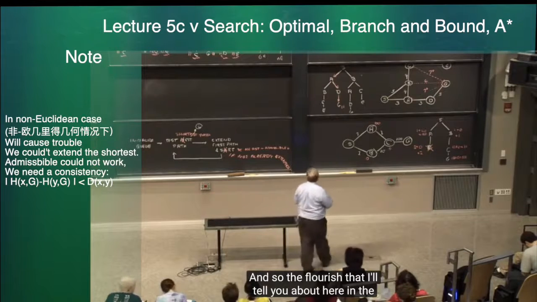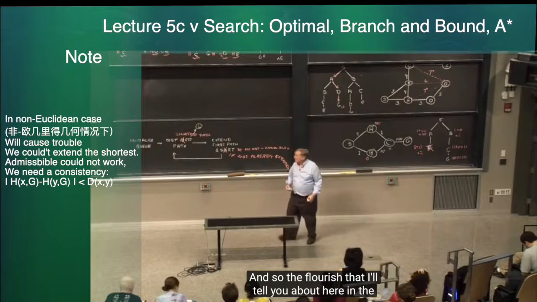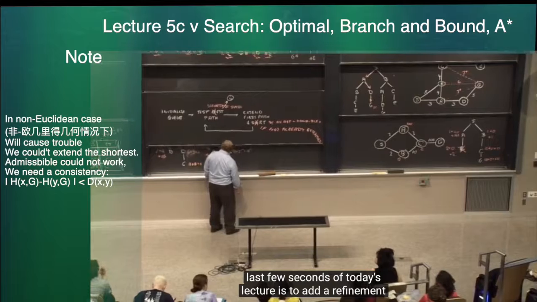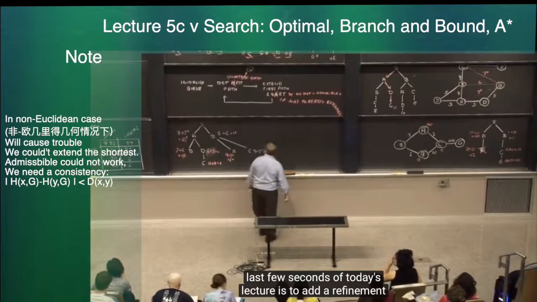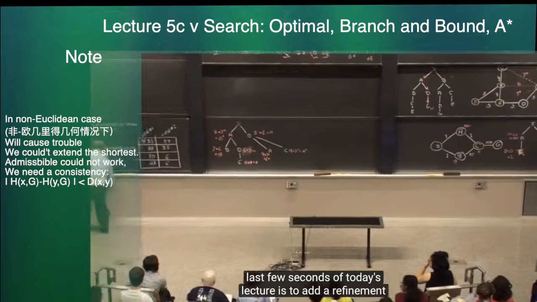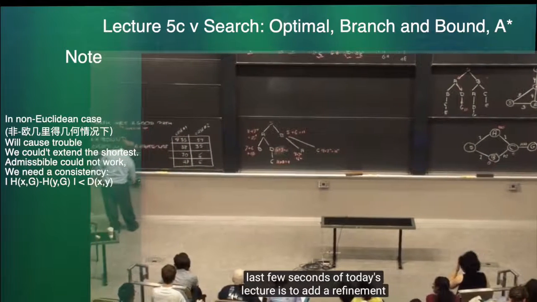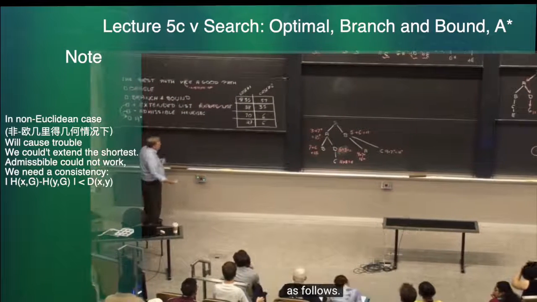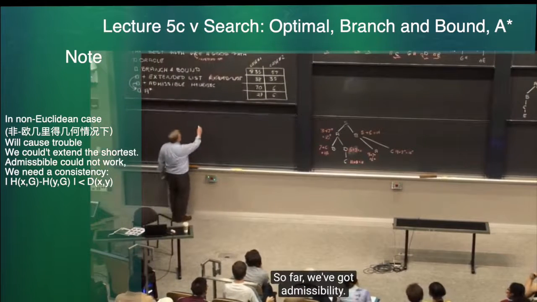And so the flourish that I'll tell you about here in the last few seconds of today's lecture is to add a refinement as follows. So far we've got admissibility.